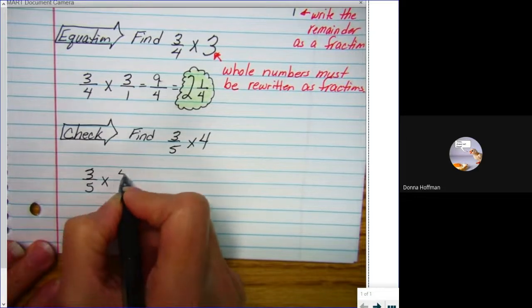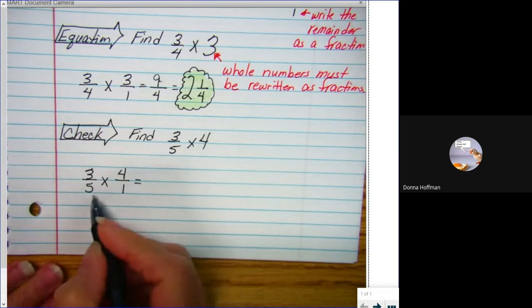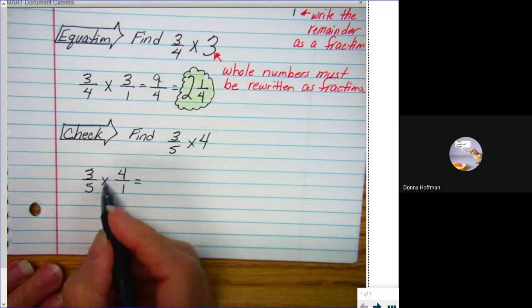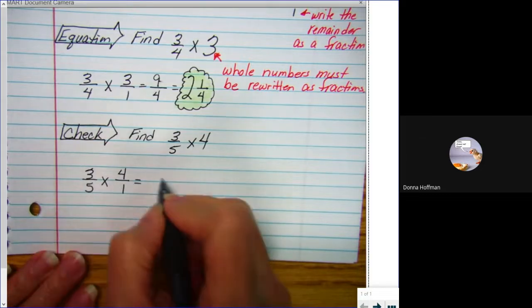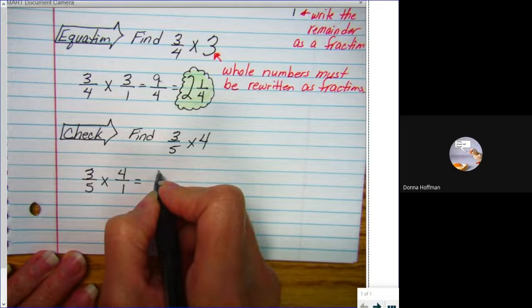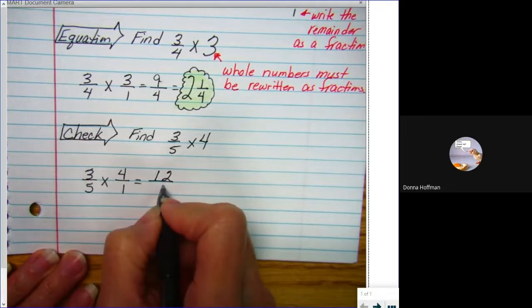Remember your whole number, simply place it over 1. Look for cross reduction. There is no cross reduction available. So 3 times 4 would be 12, and 5 times 1 would be 5.